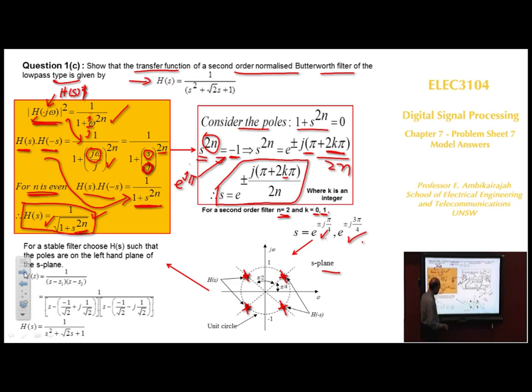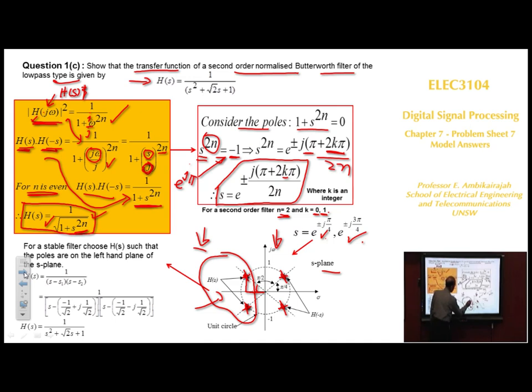For stability, all we need to take is the poles on the left hand side. You don't need the right hand side. The reason you get both is because we started with H(s) H(-s). H(s) is this side, H(-s) is that side. You're only interested in H(s), so you only read this side of the poles. You need to find that value and that value to write the poles.